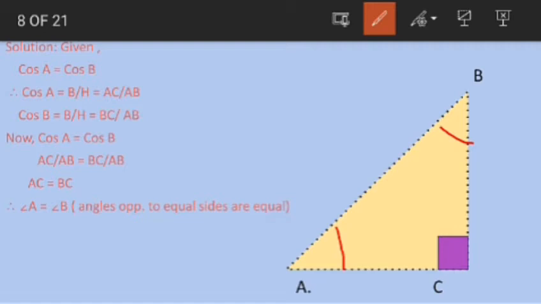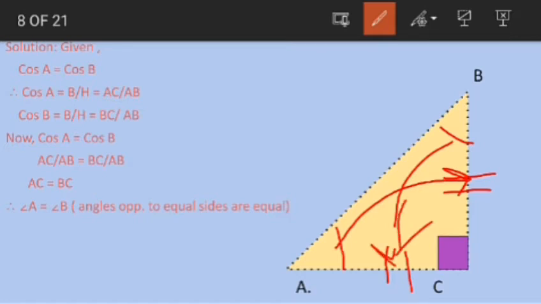Yes, in the previous class, in the chapter on triangles, you have done that if two sides are equal, then the angles opposite to the equal sides are also equal. Therefore angle A is opposite to side BC and angle B is opposite to side AC.